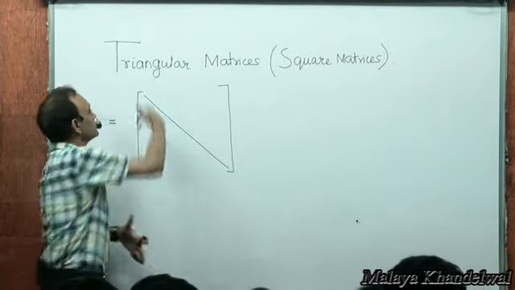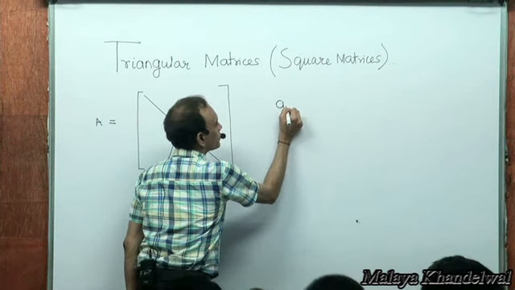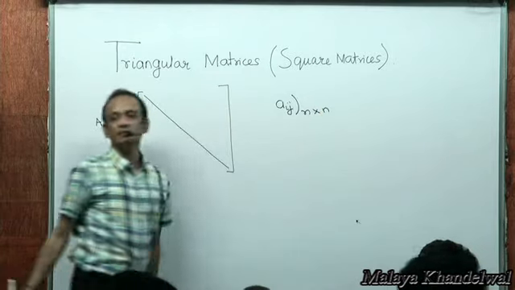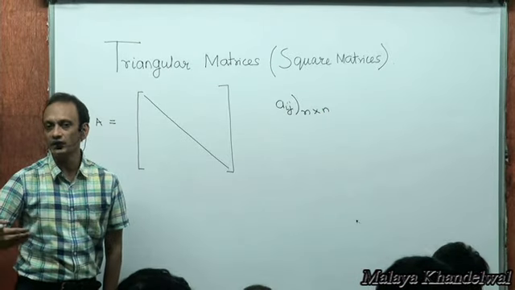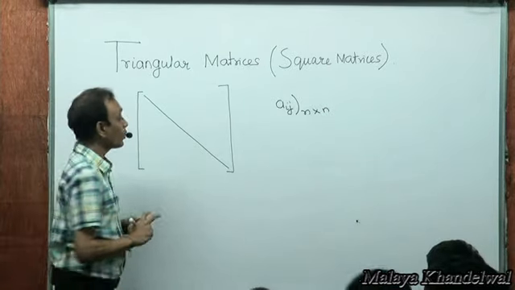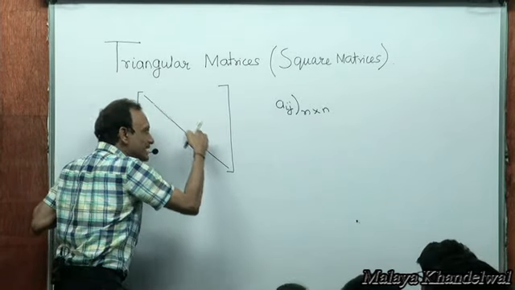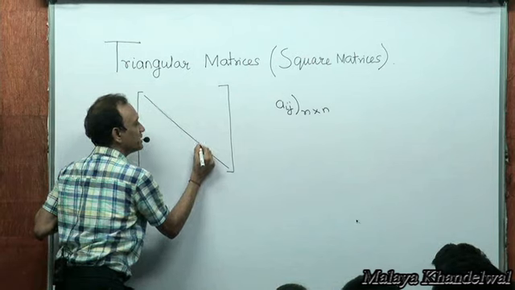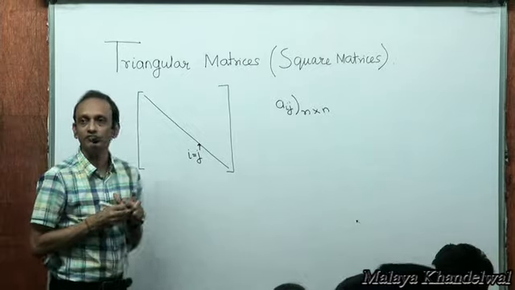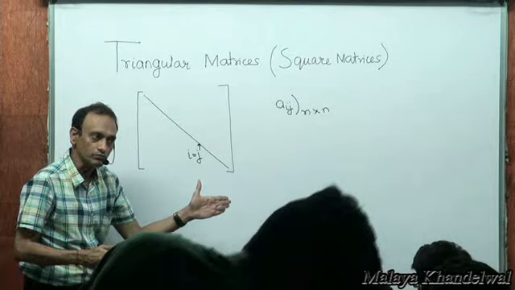It has a diagonal. Now, Aij represents the elements of this matrix. Aij, I is the row index, J is the column index. For all elements that lie along the diagonal, I will be equal to J, right?